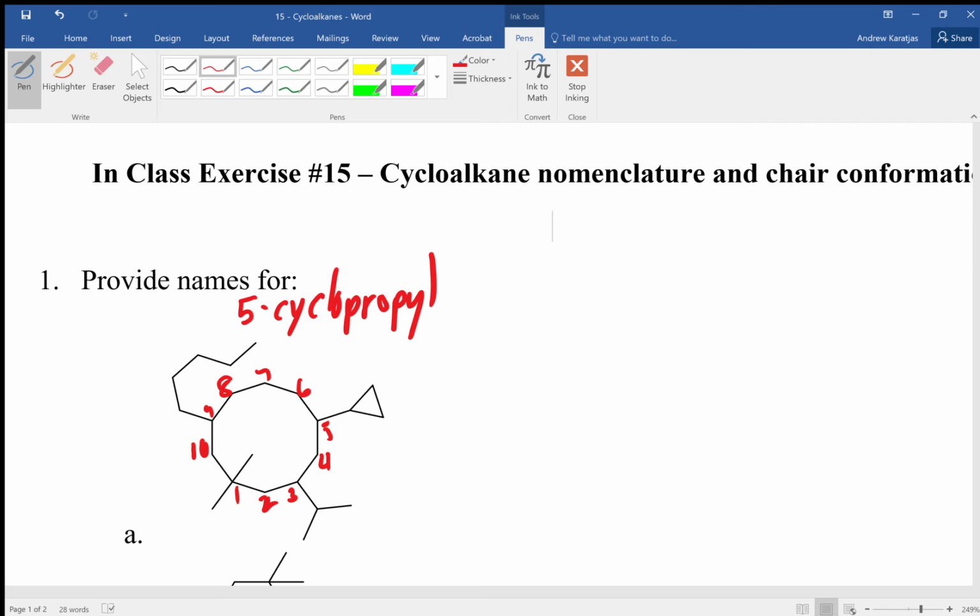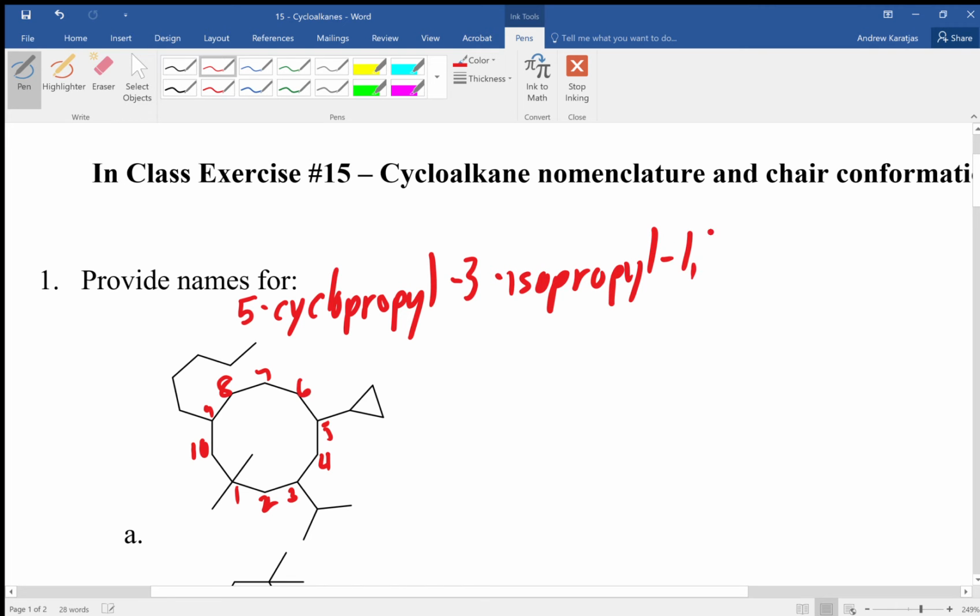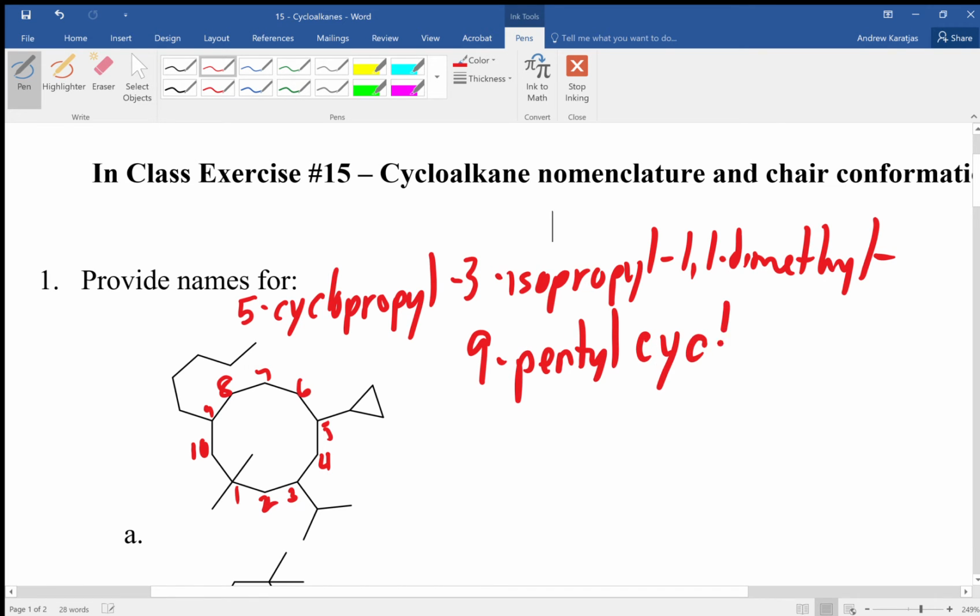And a substituent like cyclopropyl gets alphabetized under C, not under P, because cyclo is not a numerical prefix. 3-isopropyl, 1,1-dimethyl, 9-pentyl, and since this is a 10 carbon ring, it'll be cyclodecane.